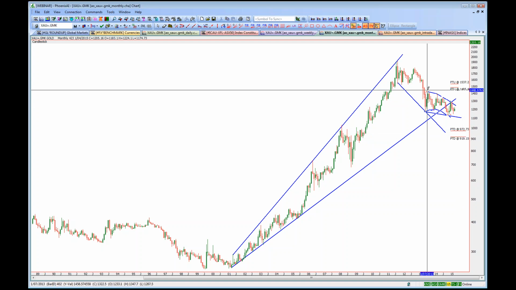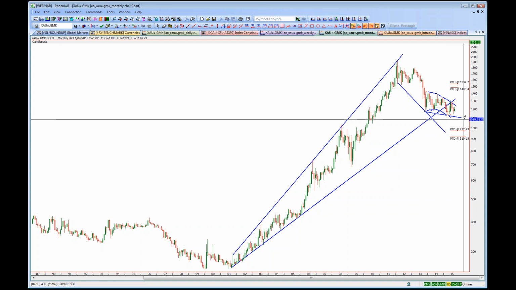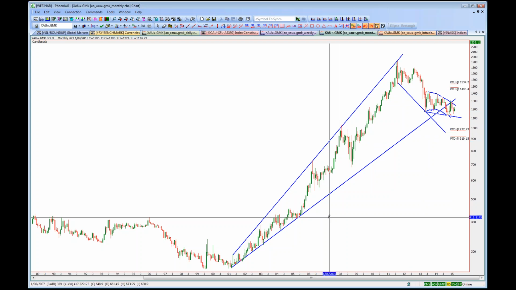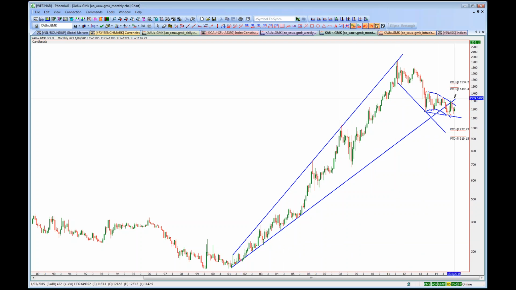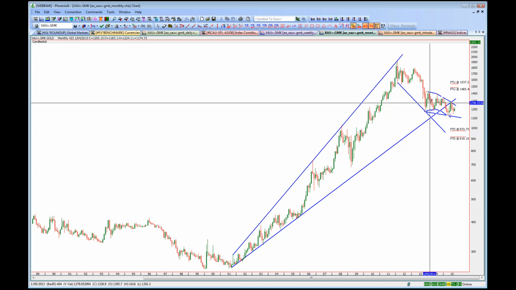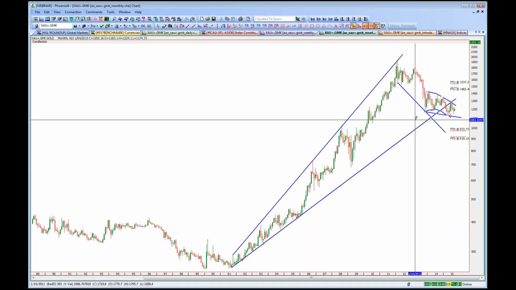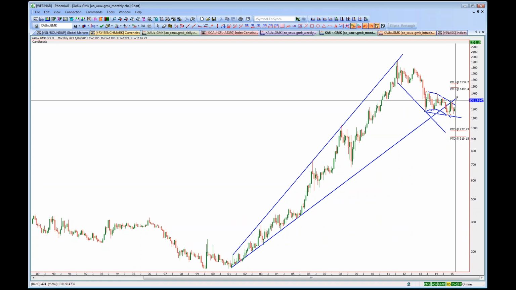In addition to this, if we have a look at where we are, we've got major support area here too. Now, there's a pattern within a pattern. As we've said in previous webinars, this huge pattern, the entire expansion of this, is a broadening formation. So the problem that we've got here is we've broken below it, and this is major resistance here.